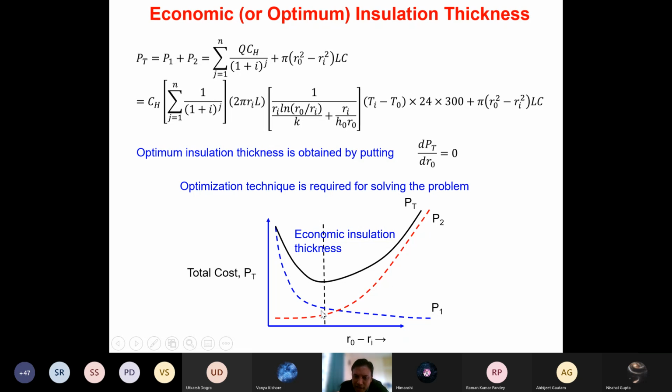So there exists an optimum point where the summation of both P1 and P2 is minimum. This is called the economic insulation thickness. Clear to everyone? Yes, sir.